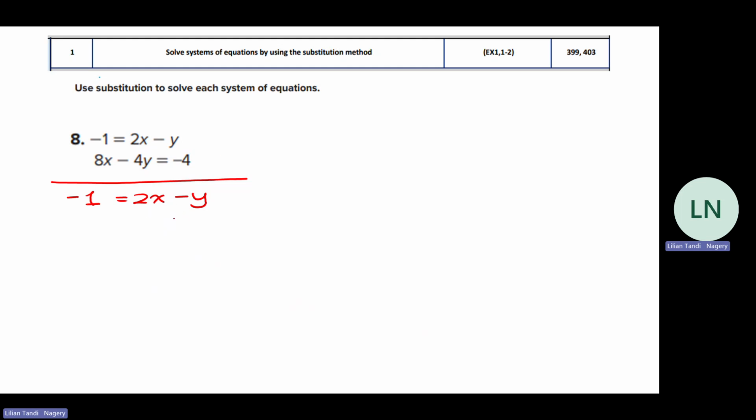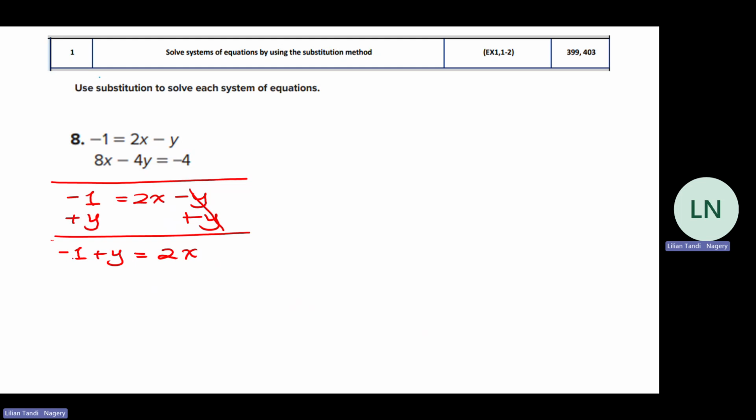There are many ways of doing it, okay? So this will become 0. These are not like terms. So this will be negative 1 plus y equals 2x.